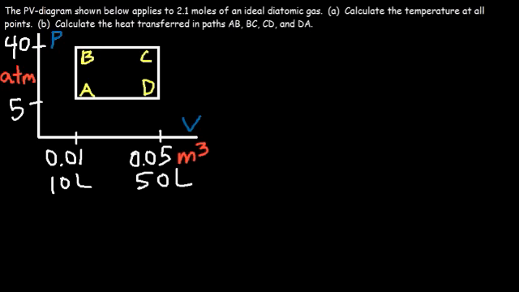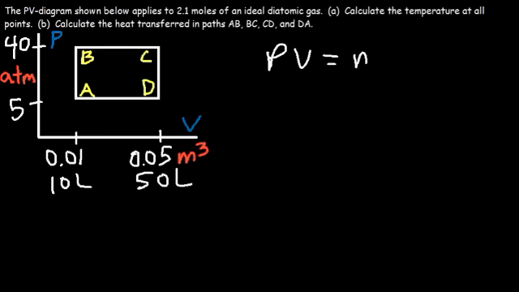Now let's calculate the temperature at point A, since that temperature is going to be the lowest temperature. The temperature increases whenever you move in this general direction. The temperature increases as you go towards the right in a PV diagram, and it increases as you go up in a PV diagram.